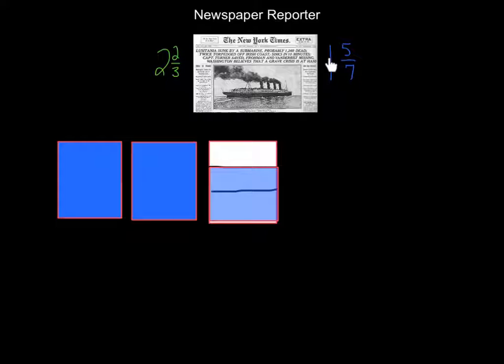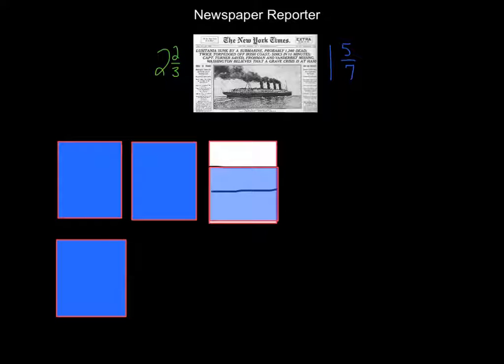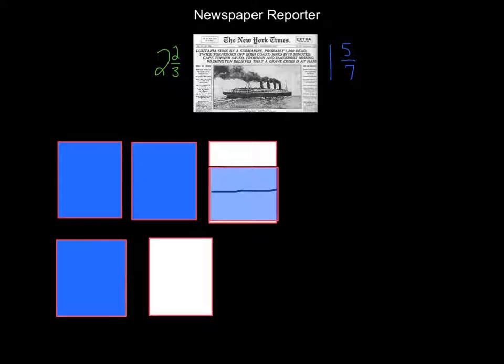So now I want to make this one over here. I want to make 1 full page and then 5/7. So I'm going to go ahead and do that right now. And I'm going to make 1 full page right here. And then I'm going to make a clear one so that I can fill it in. And this one I'm going to break into 7 parts.